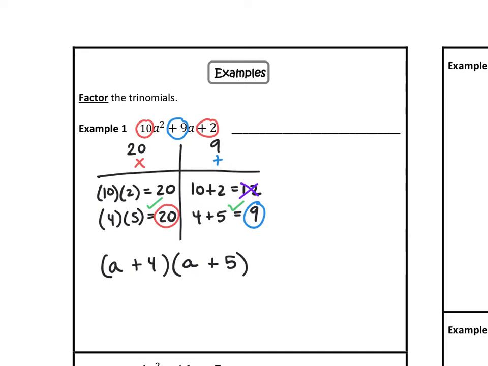Because the number in front is different than 1, we're going to take this number and divide it out. The number in front was 10, so I'm going to divide both of these numbers by 10.